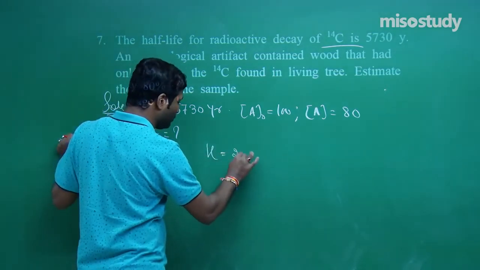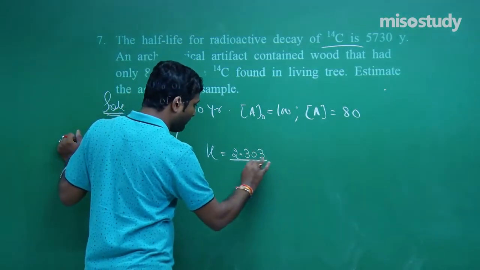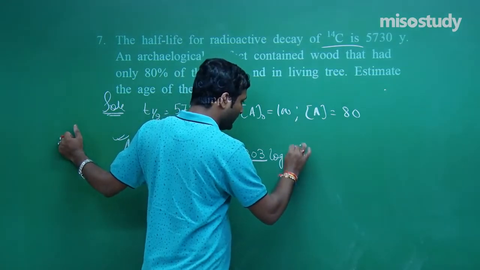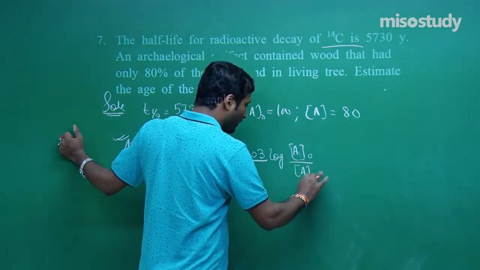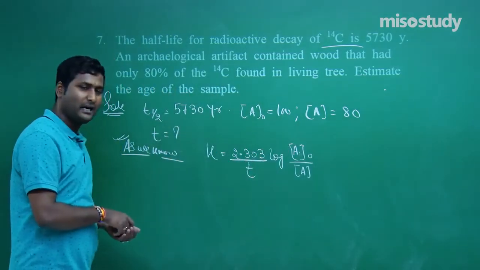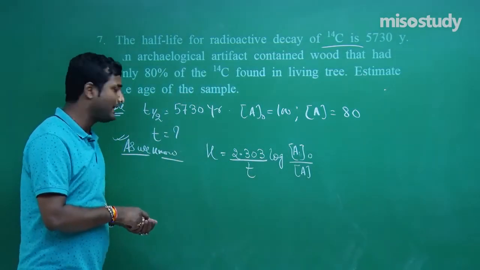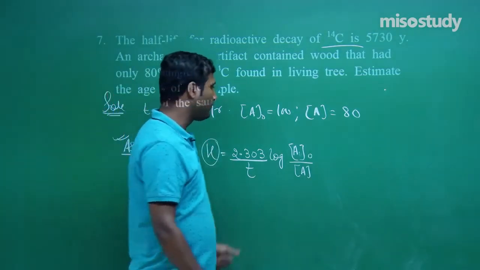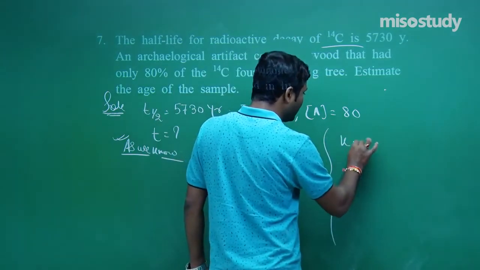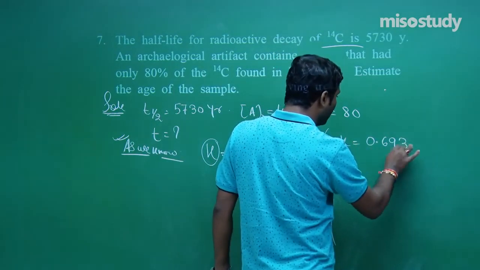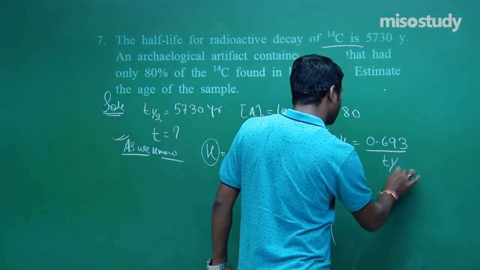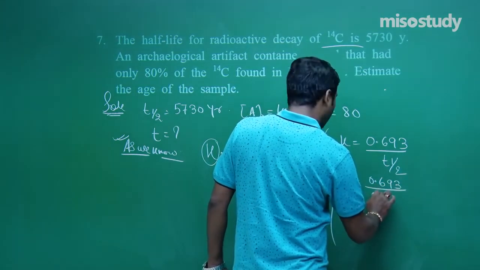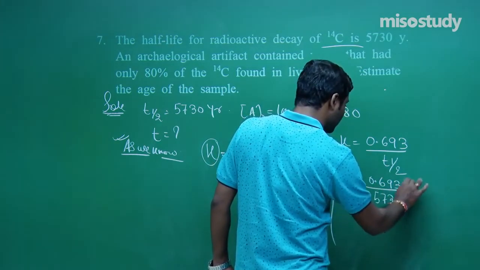K is equal to 2.303 upon T log A naught upon A. Now we know A naught and A, but we do not know T and K. So if you put the value of K, then you can easily get the value of T. Now we know K is equal to 0.693 upon T half. And what is T half given? K is equal to 0.693 upon 5730. This is the K.